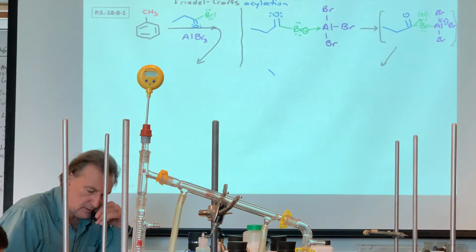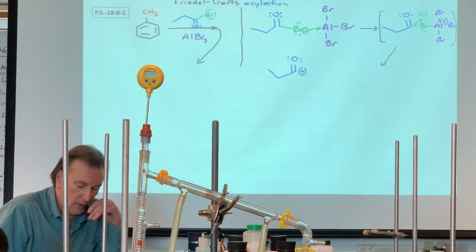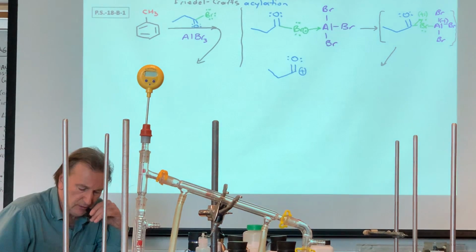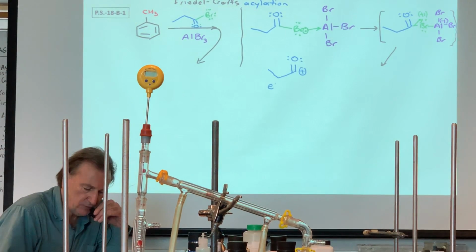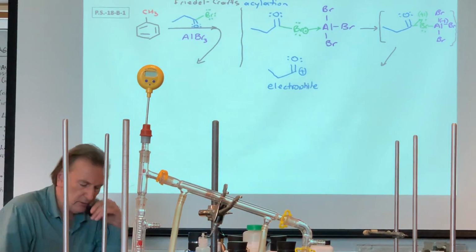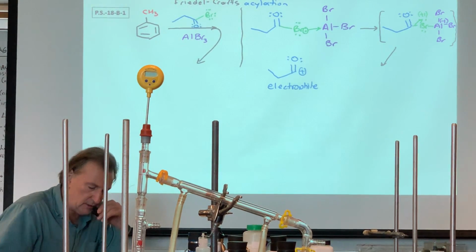You're going to get this, then this, and then there's going to be a plus charge on the carbon, right? Now would you consider this blue thing I wrote as a nucleophile or an electrophile? Electrophile.